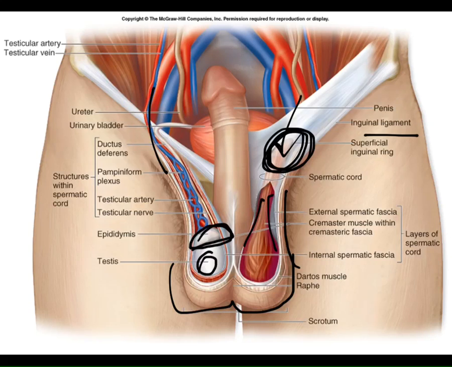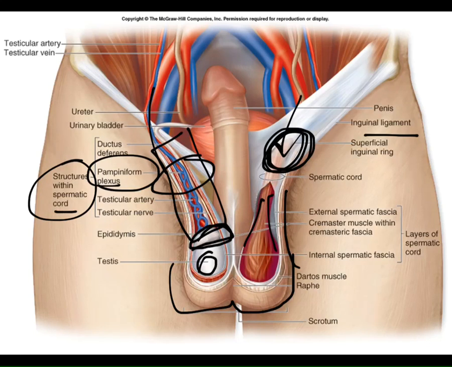The vas deferens is passing through there, testicular artery, and a cluster of veins called the pampiniform plexus. Now the pampiniform plexus and the testicular artery and the vas deferens are all collectively referred to as the spermatic cord. Right, spermatic cord, everything going in and out, up and through the inguinal ligament, down into the scrotum.